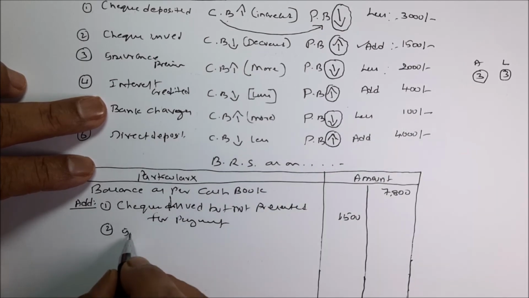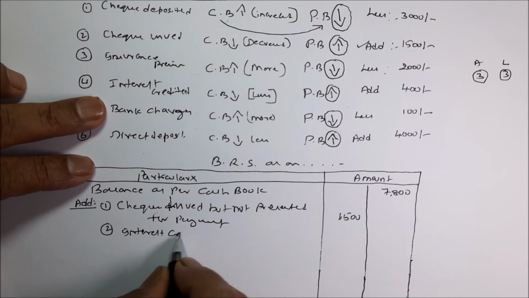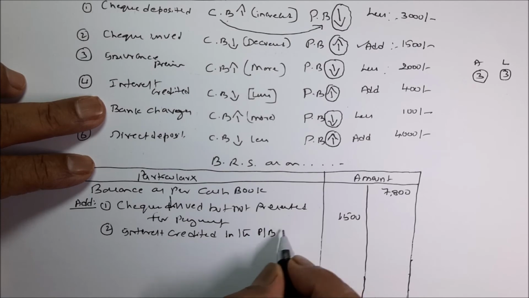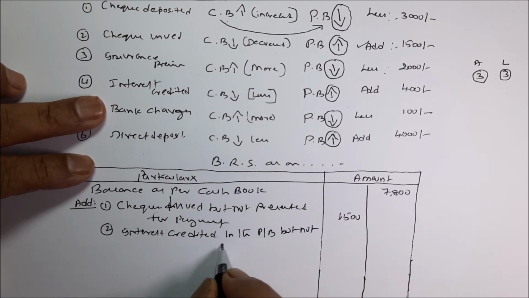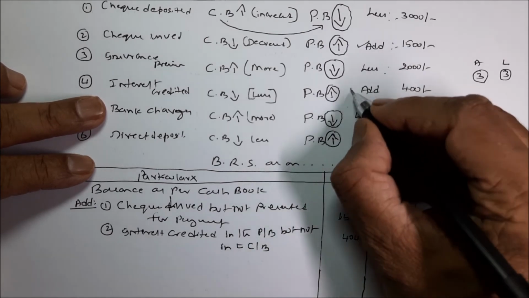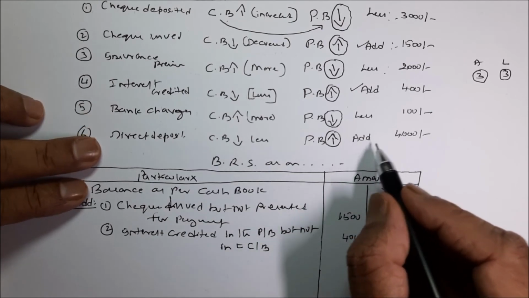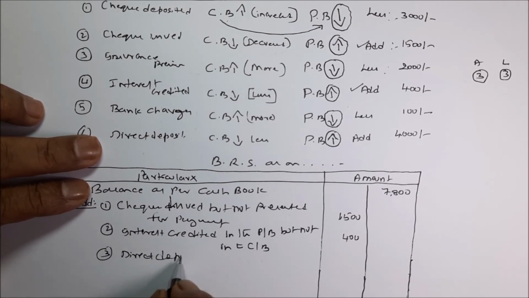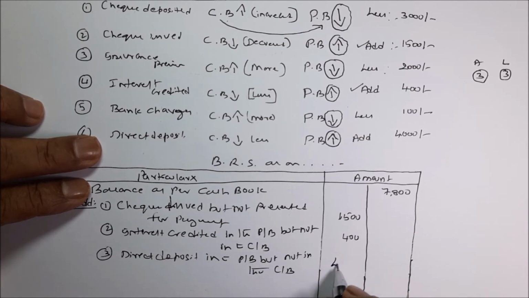Second one, interest credited in the passbook but not in the cash book, 400. Second add is over. Next, fourth, 4,000 rupees. What is that? Direct deposit in the passbook but not in the cash book, 4,000.